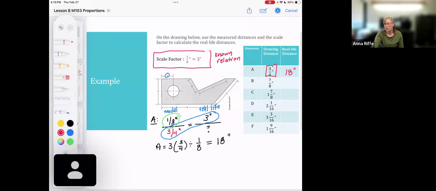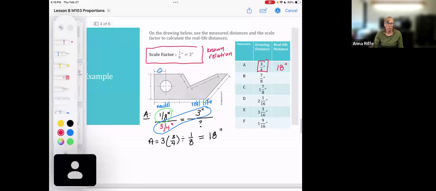Some of them you can't really convert to decimals, say if you had a third of an inch, but it's not common to work with thirds of inches. It's common to work with fourths or eighths or things that are easy to convert to decimals. So for this particular problem, if you made this in real life, then this dimension here would be 18 inches.